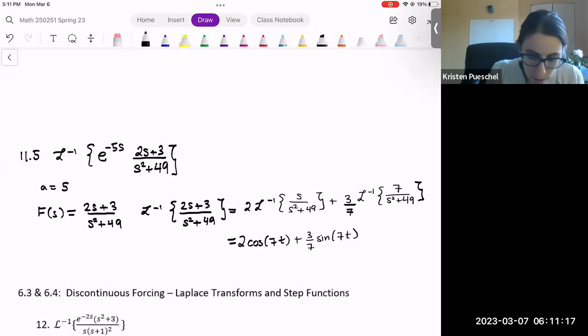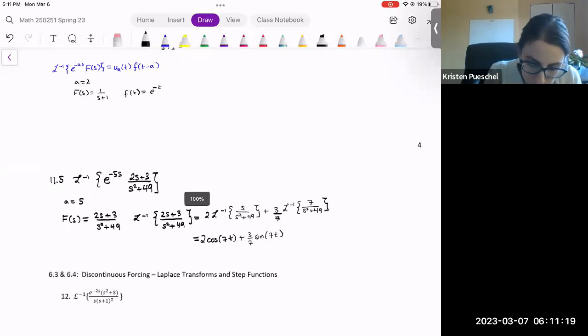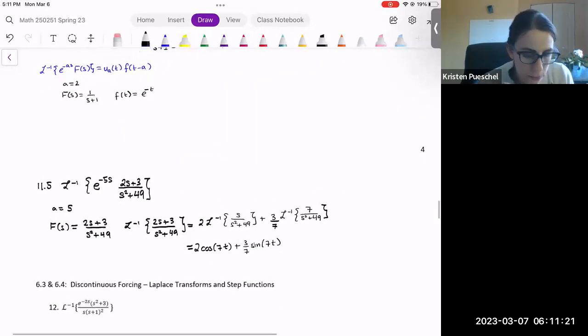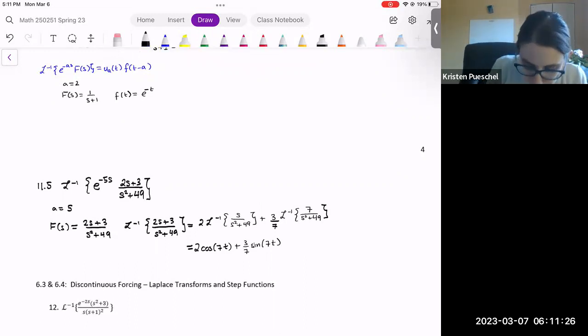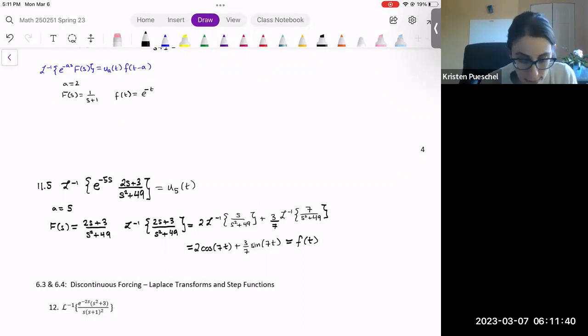Okay, and so applying our formula that the inverse Laplace transform of e to the negative as times F of s is going to be first our step function u_5 of t. And then every time we see t in this f of t, little f of t, we're going to be writing parentheses t minus 5 because we want to shift it to the right by 5.